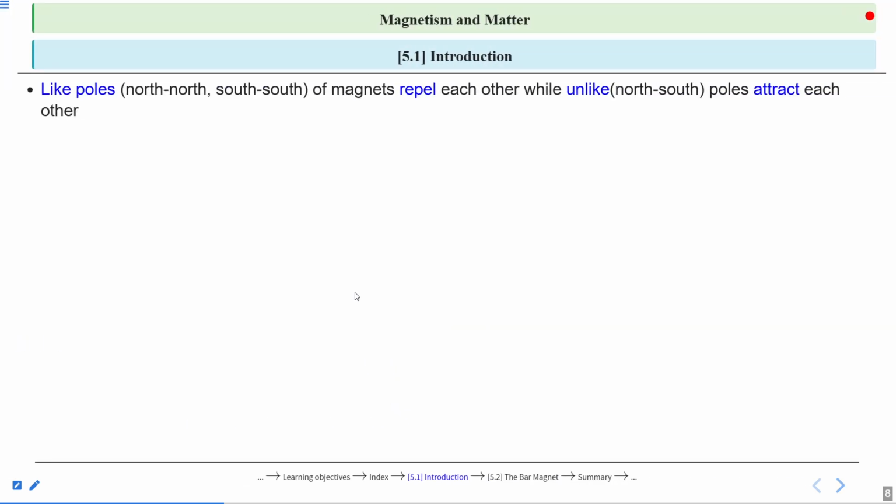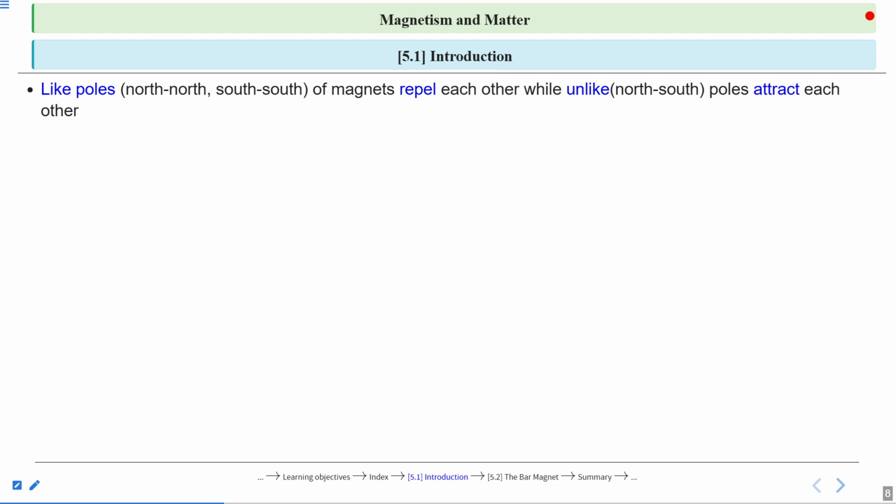Like poles, north-north or south-south of magnets, repel each other. We will draw an analogy with electrostatics: like charges repel each other and unlike charges attract each other. Similarly, like poles, that is north-north or south-south, repel. You may have experimented with magnets, the two magnets that we used to buy.